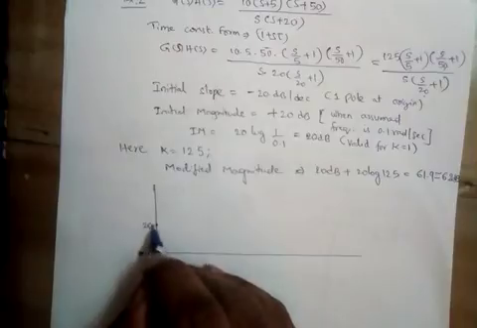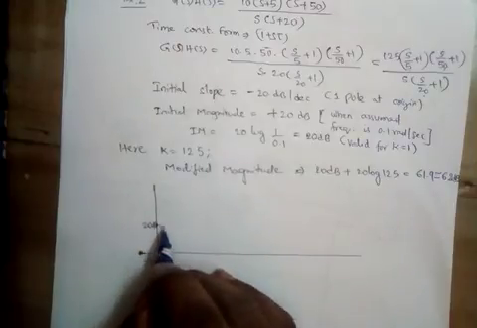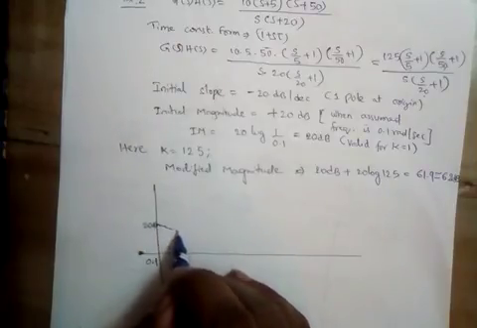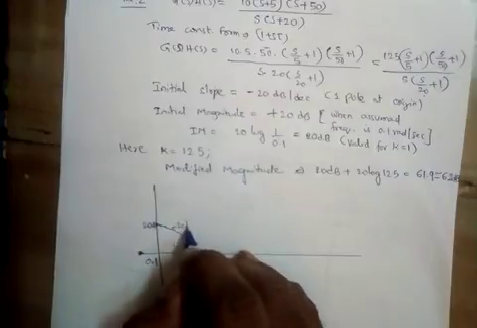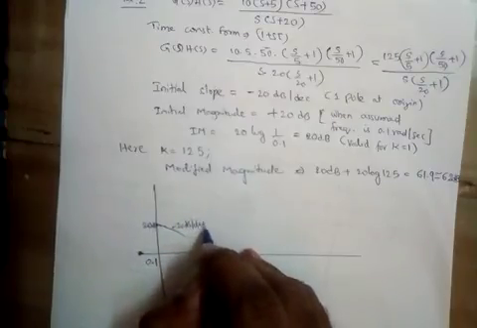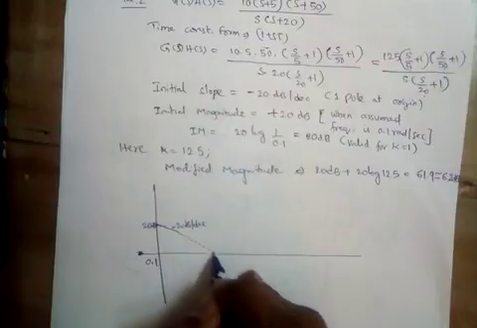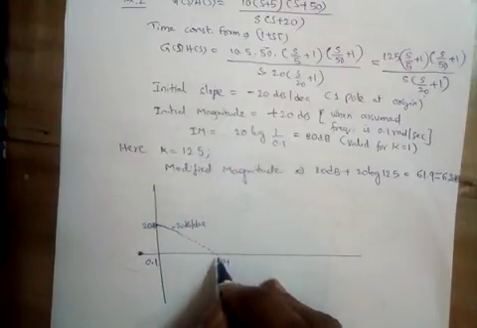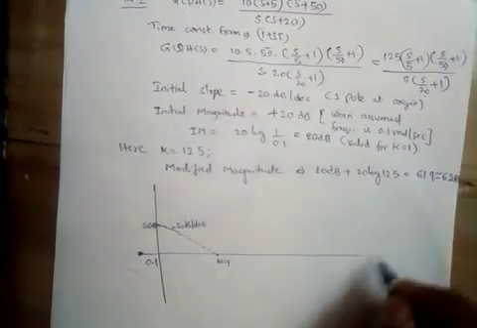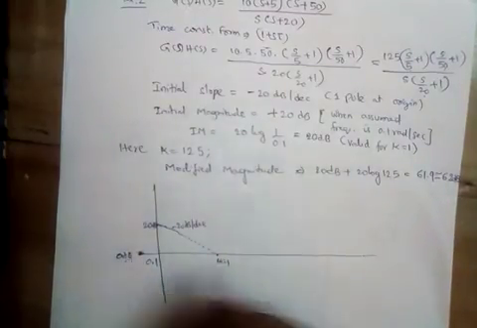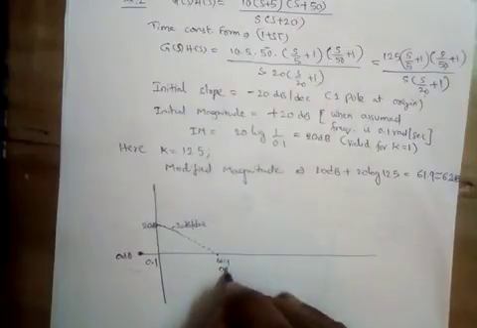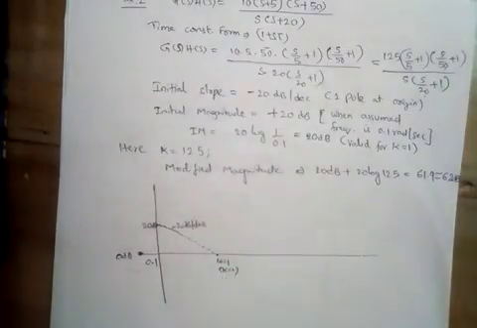See, the initial magnitude is 20 dB, and the slope will be minus 20 dB per decade. It always cuts the 0 dB axis. We assume it is the 0 dB axis at omega equal to 1, and here K is equal to 1.